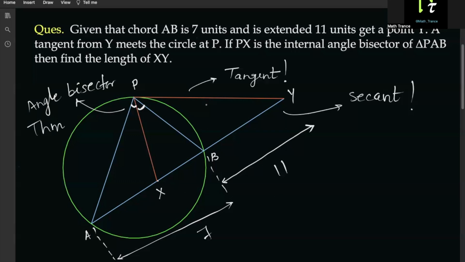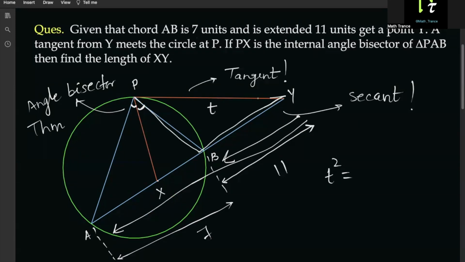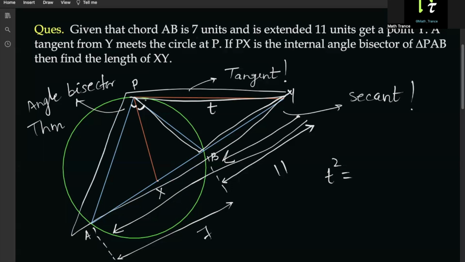First of all, let us assume the length of PY to be t, right? So I know that t square should be equal to YB length into YA length, right? If it is not clear, you can prove this using this. Take this triangle and this triangle. The first triangle is, oh, I should start with Y. Because if this is theta, then this is also theta.